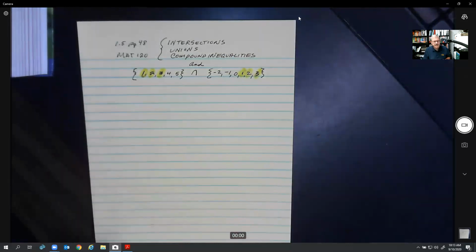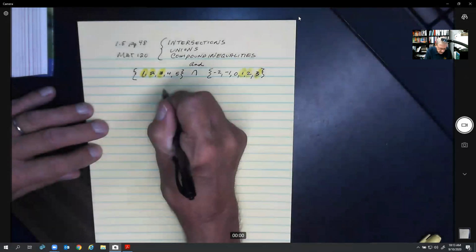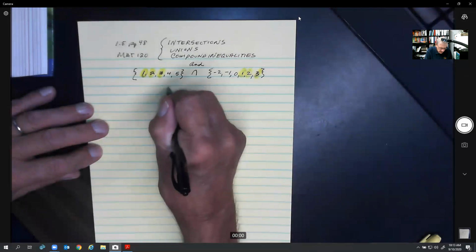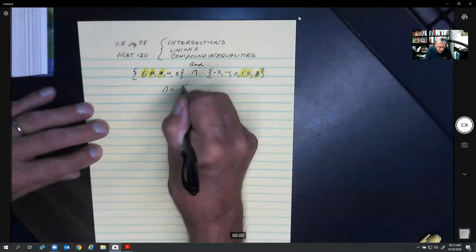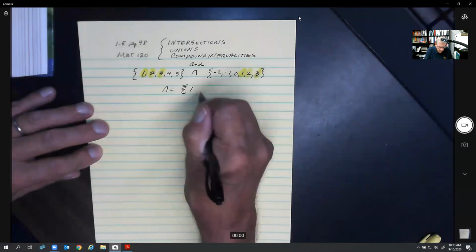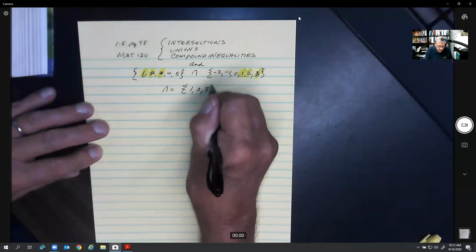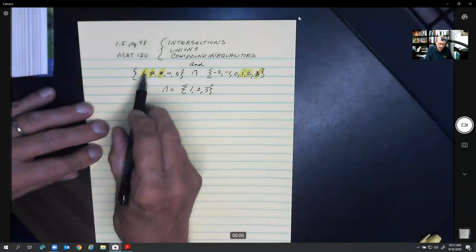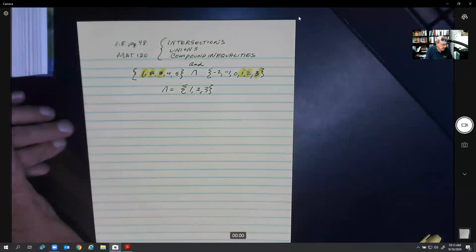But we want just the elements that are common. We would say that this is the intersection of these two sets, and we would designate it as the intersection is equal to 1, because it's in both of them, 2, both of them, 3. So an intersection must be a number that's in both sets.